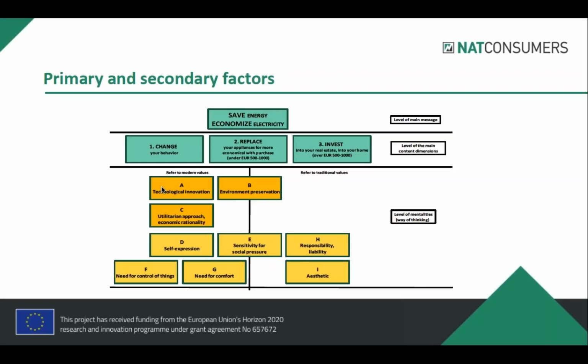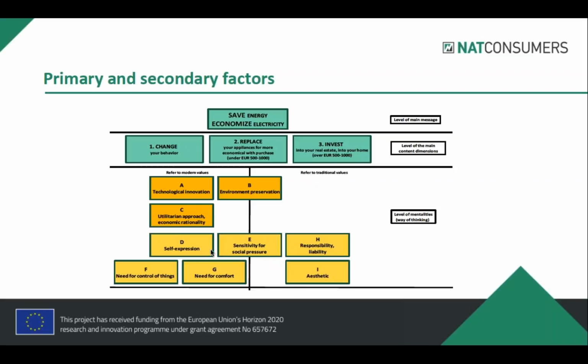The second is the environment preservation attitude. Of course, the environment is a strong driver there, so the messages could be focused on the environmental benefits of energy savings. And the third one is the utilitarian approach, or economic rationality, as we could call it, where money saving is a strong driver. So messages could focus on the financial savings of reducing energy usage.